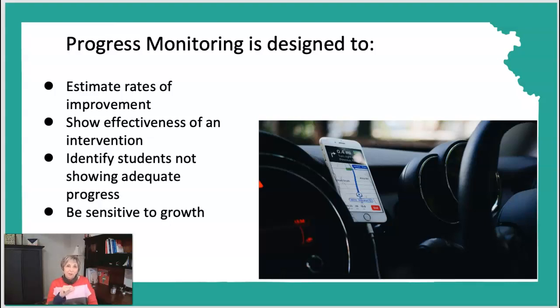I think it's also important to note that it should be very sensitive to even the smallest changes in growth. Often larger general outcome measures won't show those little tiny pieces, and so we need to be able to measure even the tiniest bits of growth when our students are needing intervention.